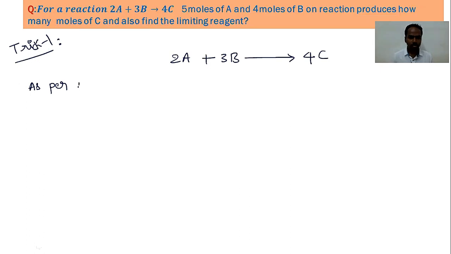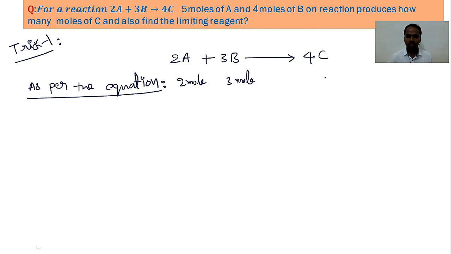As per the equation, number of moles of A is 2, number of moles of B is 3, and number of moles of C is 4.